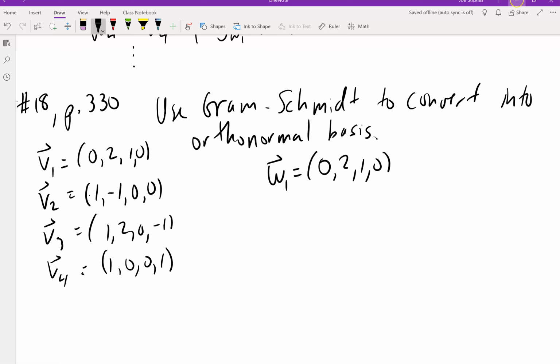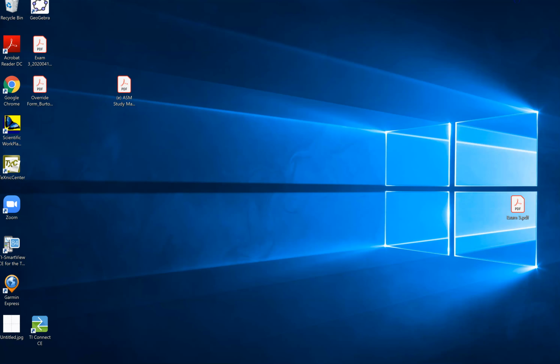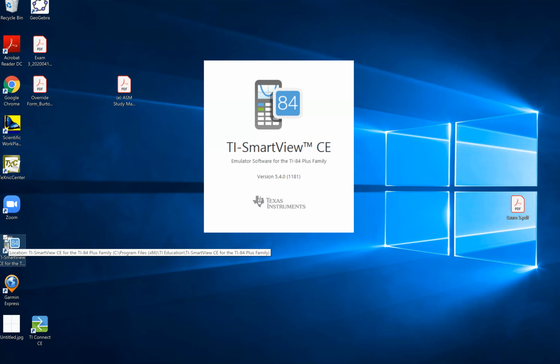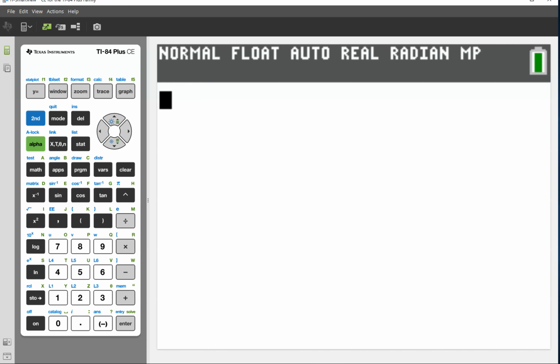All right, so let's go to your calculator. Now, also, if you're interested, and I'm going to send this in an email too, so you don't have to catch this while I'm lecturing, I'm going to tweak it a little bit, make it prettier, but I've written programs that will do inner product, magnitude of vectors, angle between vectors, and will give you the result of the Gram-Schmidt process for the TI.